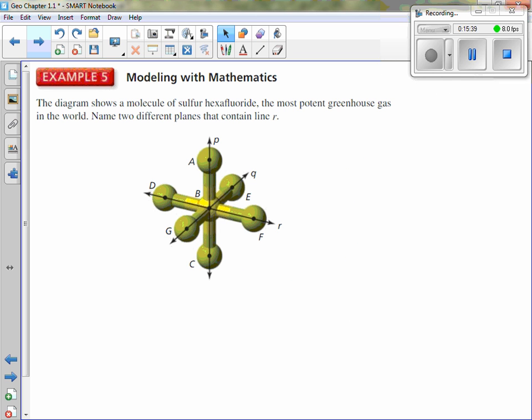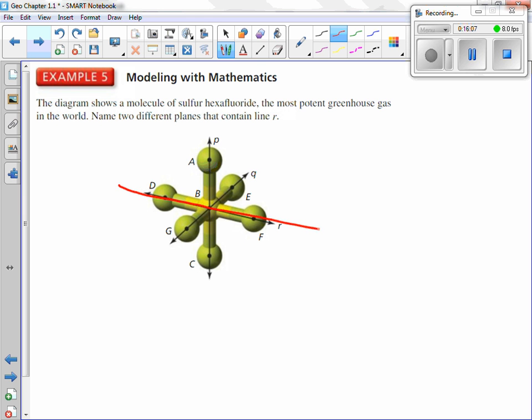And I think this is the last type of problem we have, yes? Yeah, one after this, but same type. The diagram shows a molecule of sulfur hexafluoride, the most potent greenhouse gas in the world. Name two different planes that contain line R. So, this line here.